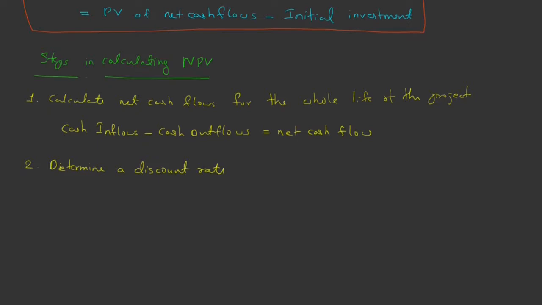We will study cost of capital in another section. So in the third step, we are calculating the present value of all net cash flows. And this is done using the discount rate we determined in the second step.